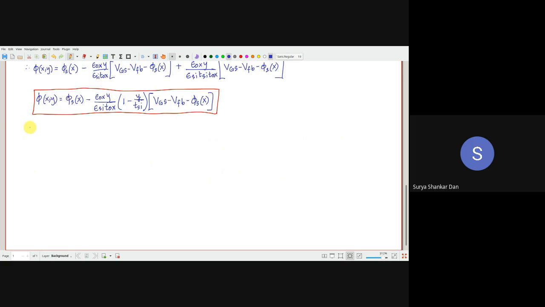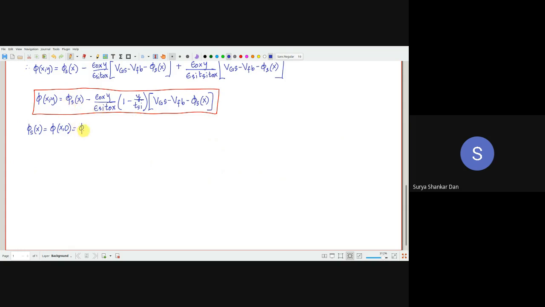Now, some things for your understanding: notice that if you are putting phi s of x, what should we write? That will be phi of x comma 0. So if you put y equal to 0, notice in this one, this entire term is gone.